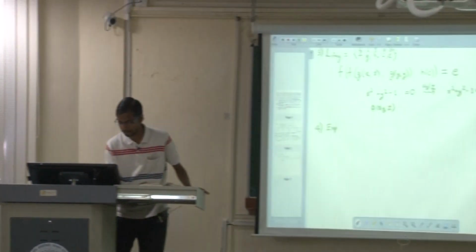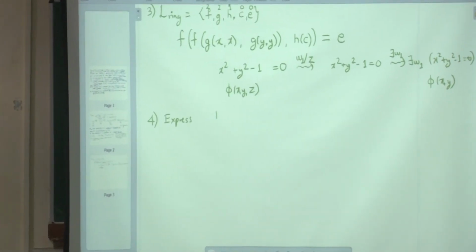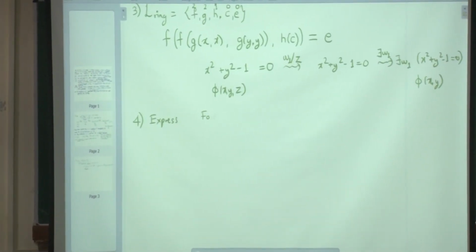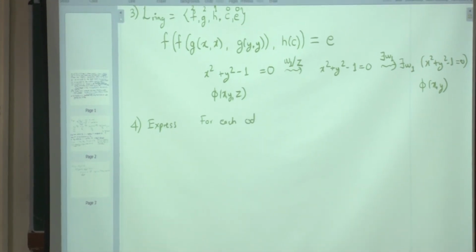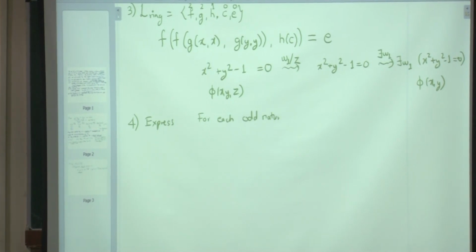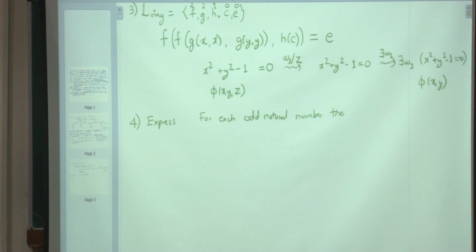So we want to express for each odd natural number there is an even natural number greater than it.